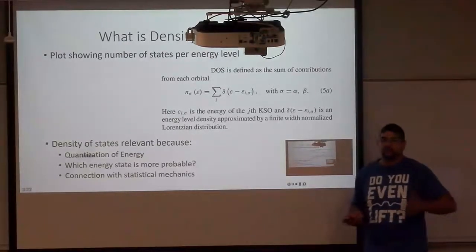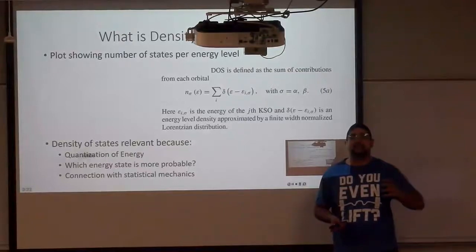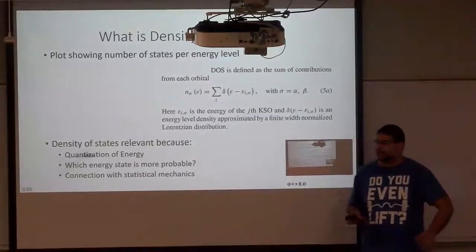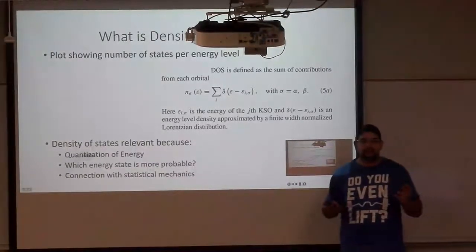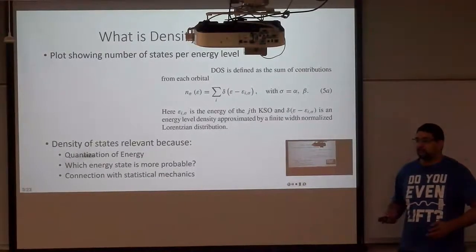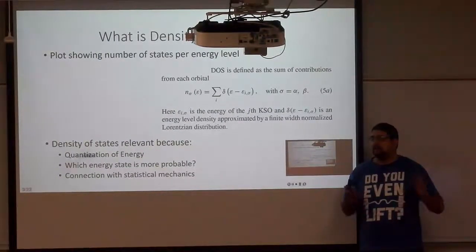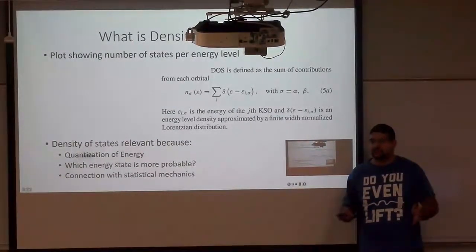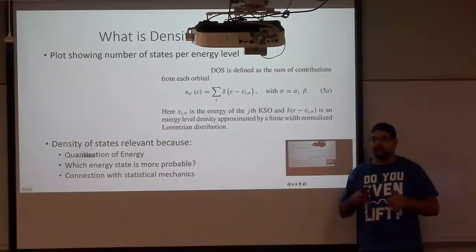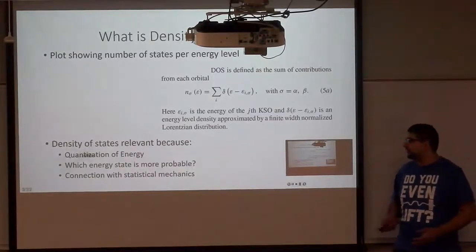Now, for those of you who took statistical mechanics, I just want to throw in a quick aside. We've all studied microstates and macrostates. If you remember from statistical mechanics, the macrostate with the highest number of microstates is the most probable macrostate.